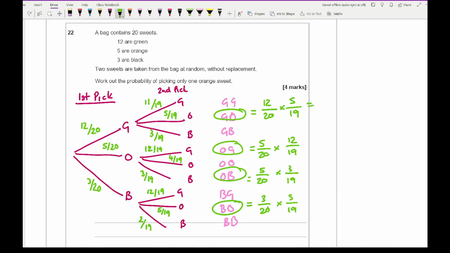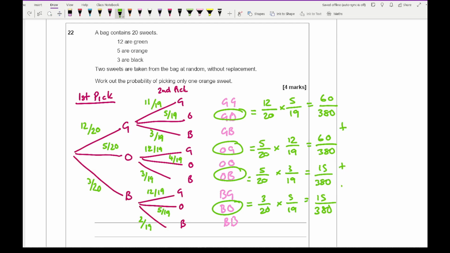Now, I'm not going to simplify any of these because if it was on a non-calculator, it would make it easier if I didn't simplify at this stage, although the numbers will be smaller. However, it's entirely up to you. So you can simplify with it not being on a calculator, it'll do it automatically for you. But that's going to be 60, that's going to be 60, this is going to be 15, and this is going to be 15. So it could be any of those.